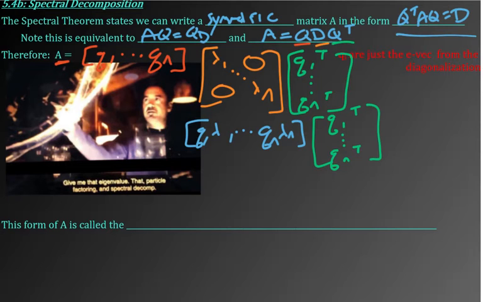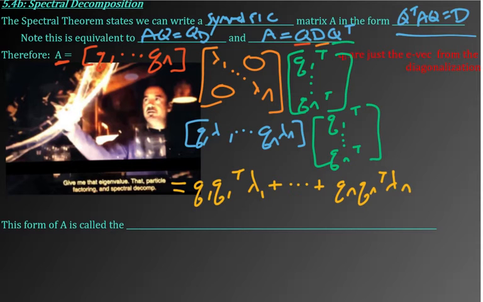So what we get here is Q1. We would really do Q1 lambda 1, but we typically pull the lambda out to the right, because lambda is a constant. Normally it would be in the middle, but we'll just move it over there. So then we go plus, and so on, plus Qn Qn transpose, lambda n.